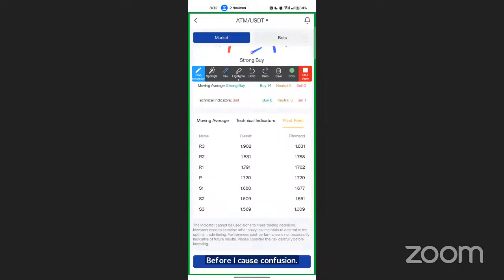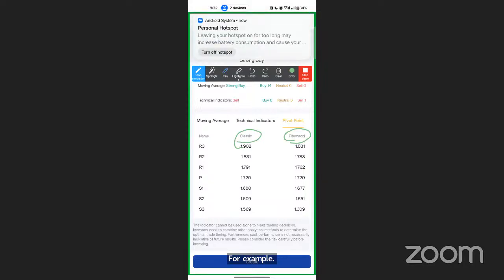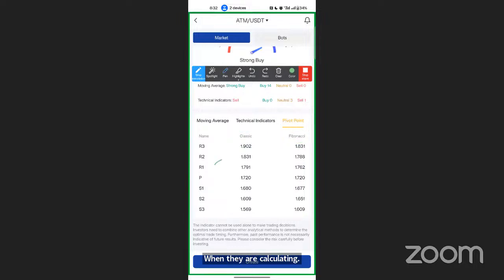Because now, the only difference between calculating Fibonacci numbers and the classic is here. For example, when they are calculating support 1 in classic, what they will say is simple: 2 times pivot point minus high.